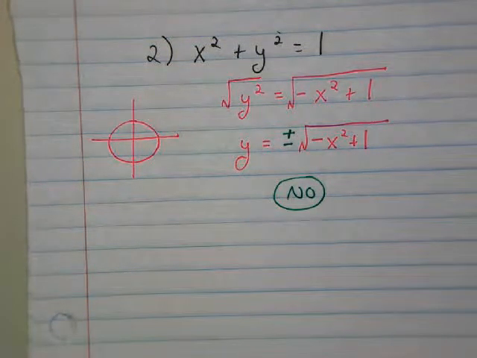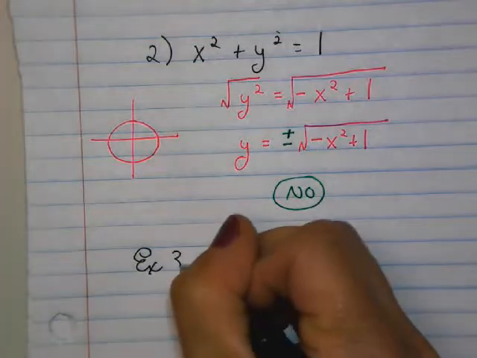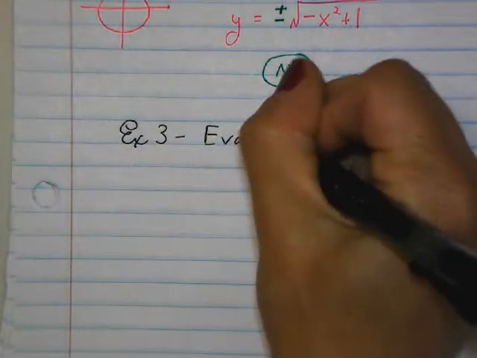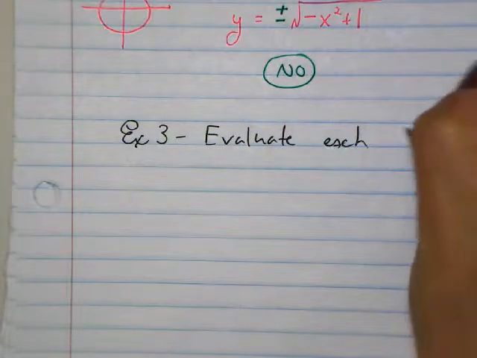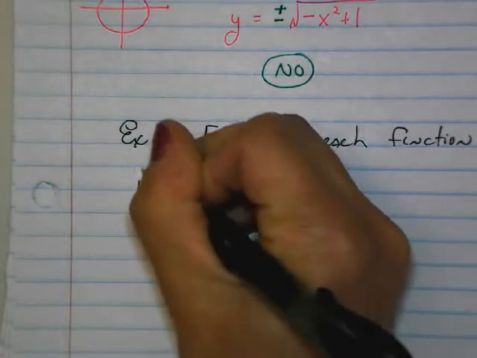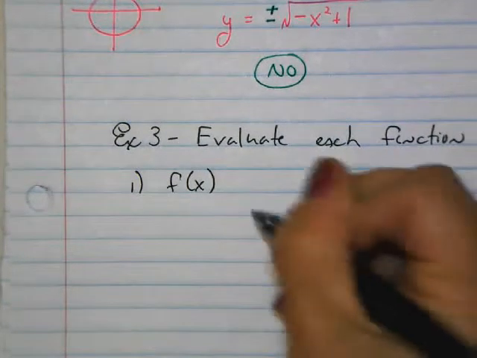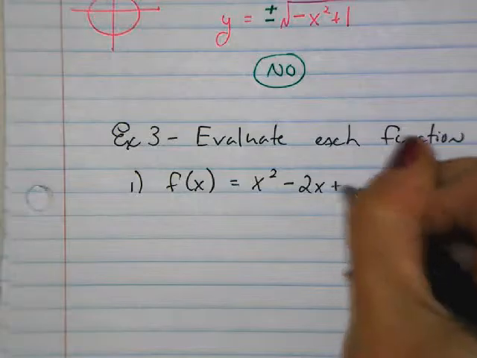Let's talk about how to evaluate a function. Evaluate each function. Remember, from Algebra 1, you had function notation, f of x. So f of x is defined as x squared minus 2x plus 7. And I'm going to ask you to evaluate it for 3 things.